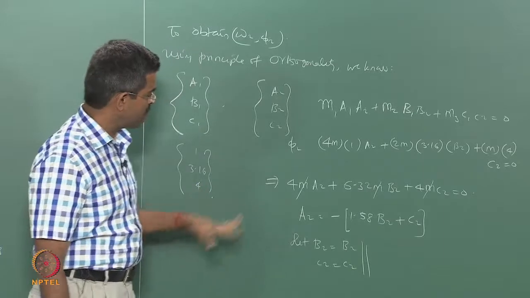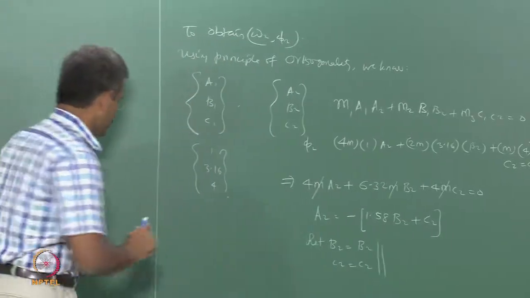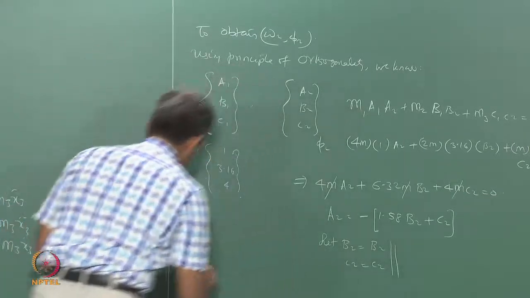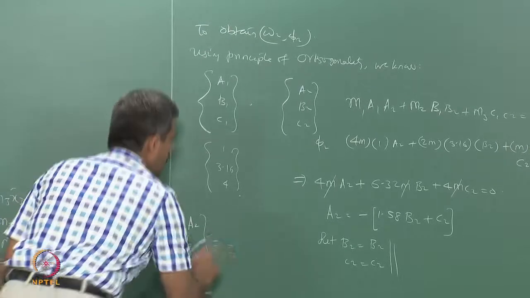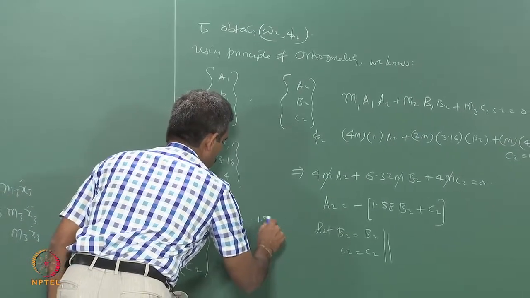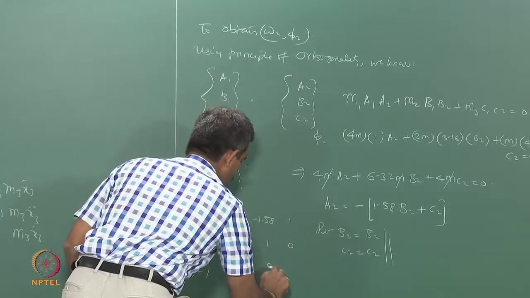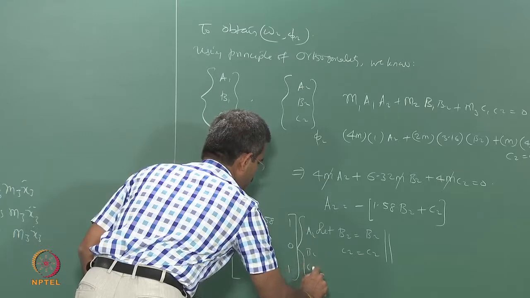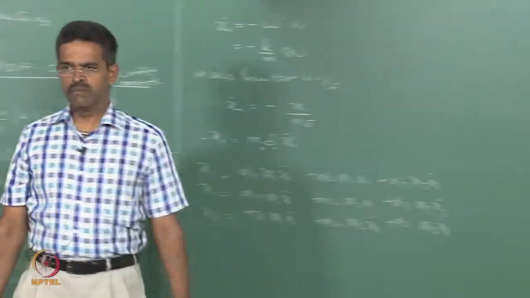Now, you may ask me what is the advantage of writing like this. I can convert this now into a matrix form. See how I am doing it. Let us say the a2, b2, c2 vector can be written as the matrix with rows 0, minus 1.58, minus 1.58; 0, 1, 0; and 0, 0, 1, multiplied with a2, b2, c2. Is that okay? Am I reading the same values in matrix form?